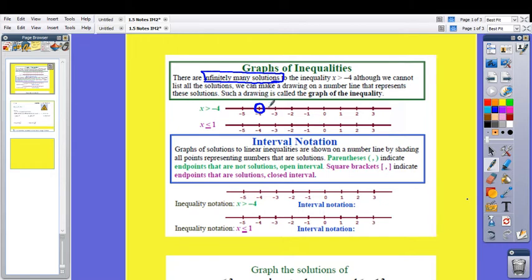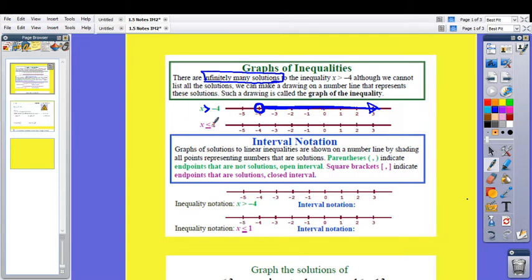But any number that is more than -4 will be the solution for it. So what you do is as your answer or as your graph, you just draw a line, okay? That tells that all these are the solution for your inequality. Now, because -4 is not the solution because it says greater than -4, so you leave this dot empty and we call it open dot.